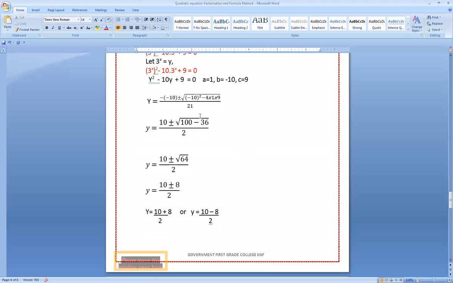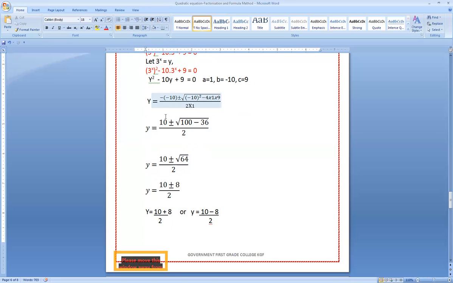So these values we are going to substitute in the formula, x equals minus b plus or minus root b square minus 4ac divided by 2a. Here it is y equals minus of minus 10, that is minus b, plus or minus root of b square, that is minus 10 square, minus 4 into 1 into 9, divided by 2 into a, where a equals 1, 2 into 1 is 2.